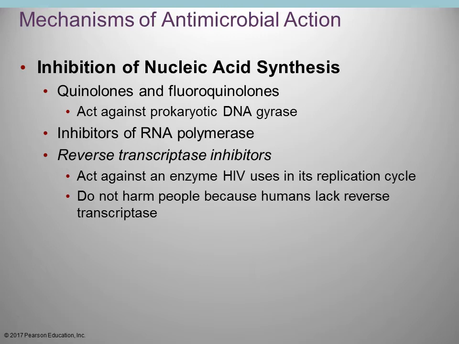This is the way that virus will replicate. So if you can inhibit that enzyme, then that means the virus cannot replicate at all. Is it going to have a harmful or adverse effect on us as humans? No, because we don't have that enzyme in the first place. If you don't have it, it can't do anything harmful to you.